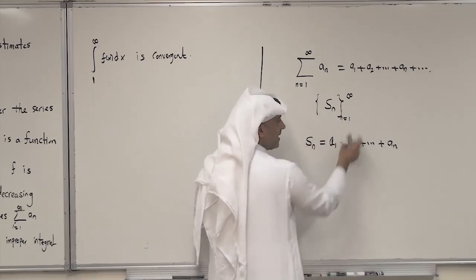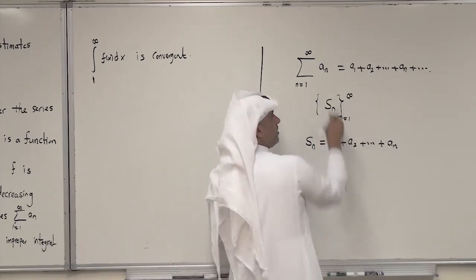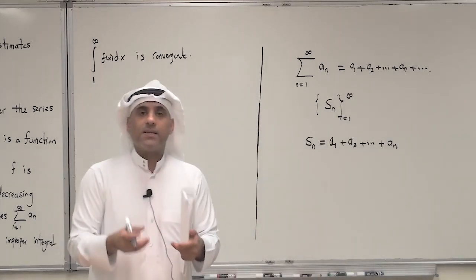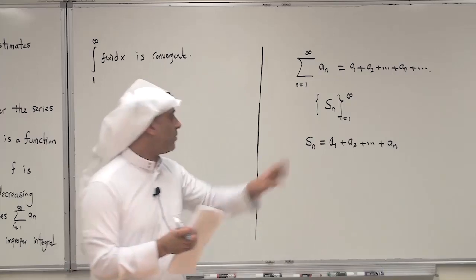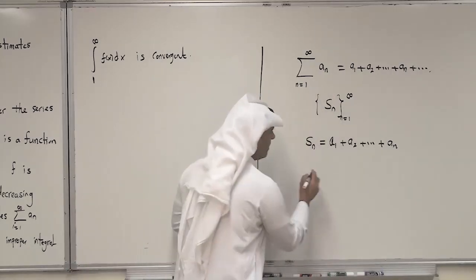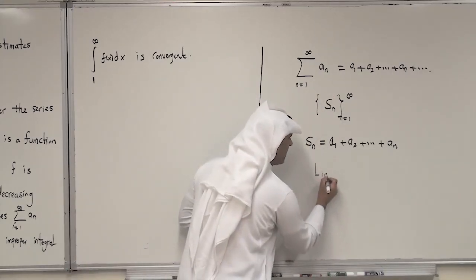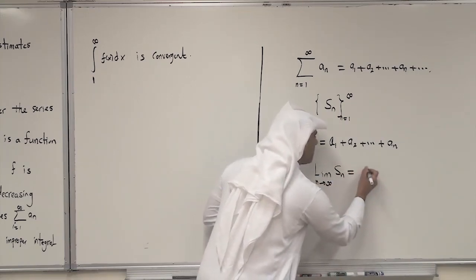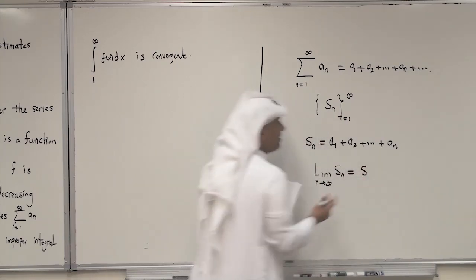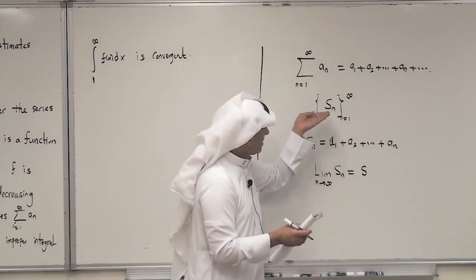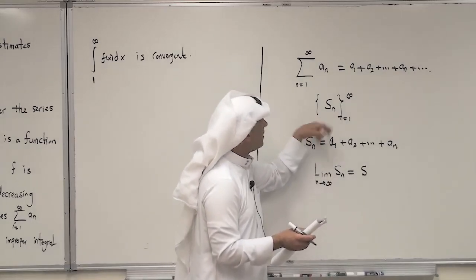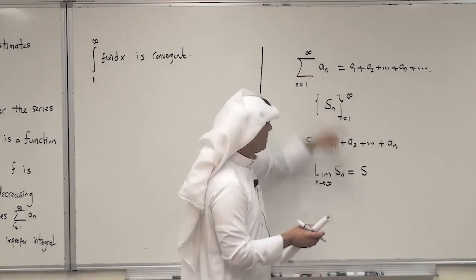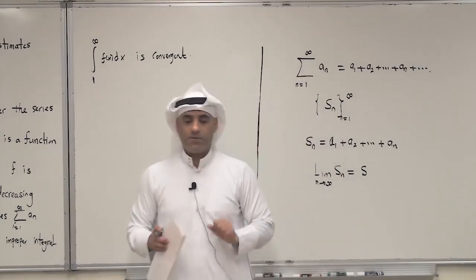If we add the first and the second one, we call it the second partial sum, and we throw them in a set, and that will be called the sequence of partial sums. If the sequence of partial sums is convergent, then the series is convergent. So if the limit of S_n as n goes to infinity tends to a number S, a real number which is finite, then we say that the sequence of partial sums is convergent. In that case, we say the series itself is convergent, and the sum of the series is equal to S. This is what we have done before.